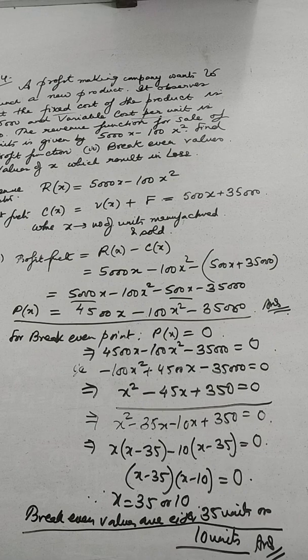Okay, but the question says which values will result in loss. So when the loss is happening, obviously the profit function has to be less than 0, isn't it? Because at 0 there's a stable condition. At greater than 0 is a good condition. It is a sign that you are earning a profit, because profit function positive means you're getting a positive value.